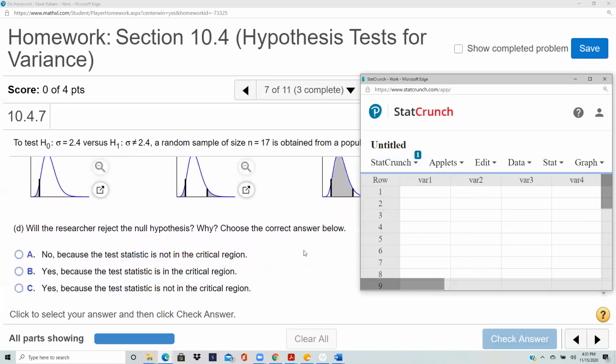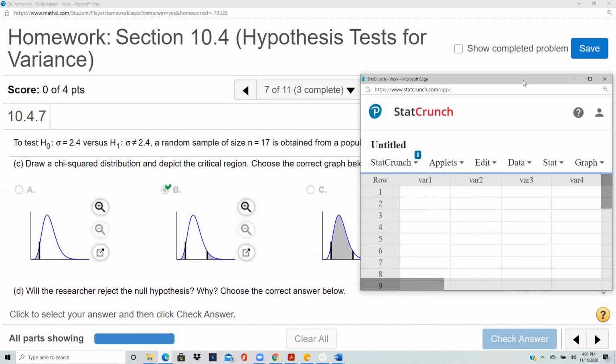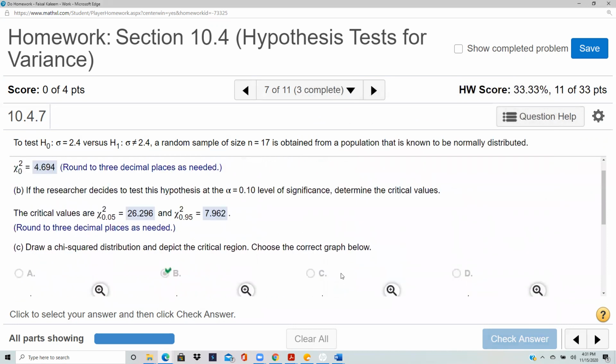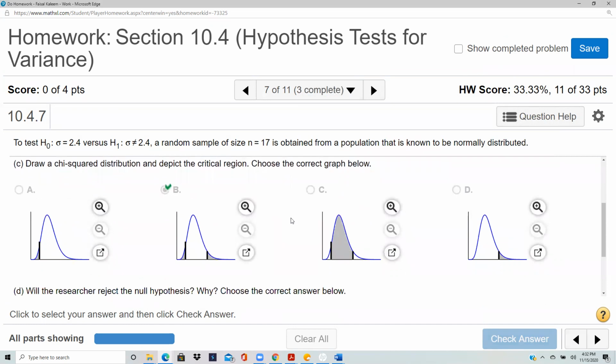Okay, let's do it again then. Well, I don't want to do this again, so let's just use the critical values. So the critical values are 7.962 and 26.296.